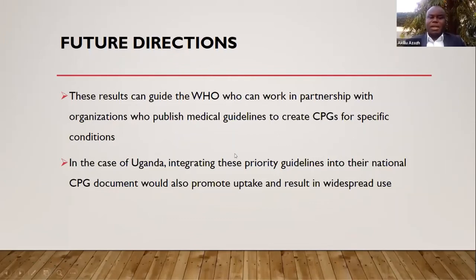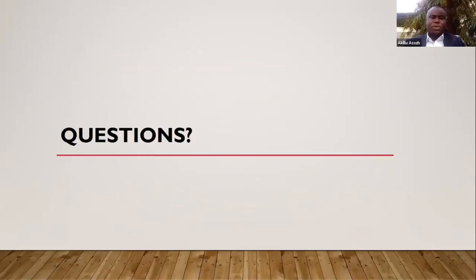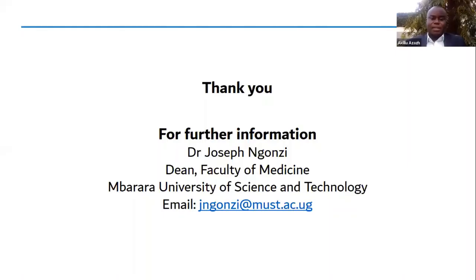In the case of Uganda, integrating these priority guidelines into their national CPG document would also promote uptake and result in widespread use. So that's the very brief experience presentation that we had in Uganda. We'll welcome any questions and comments.